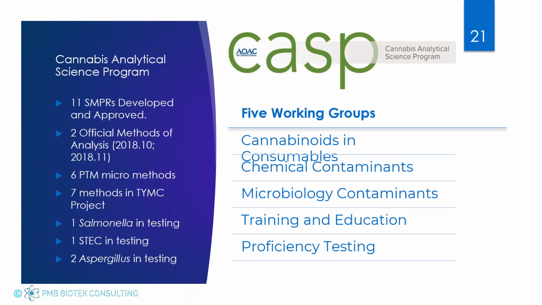We currently have 7 methods in our yeast and mold project that are on pace to be certified. I believe 5 will be announced at the end of this month, and 2 will probably come in June, because we do have some delays with the review process and our experts that are reviewing it.